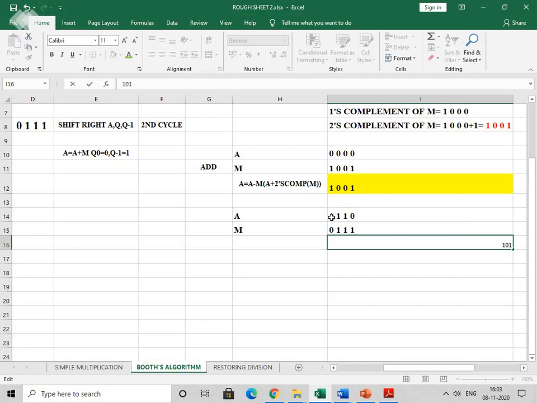The next 1 1 0, carry 1, 0 will be 0, 1 1 0. Then next we will get here answer as 0 and carry will be 1.